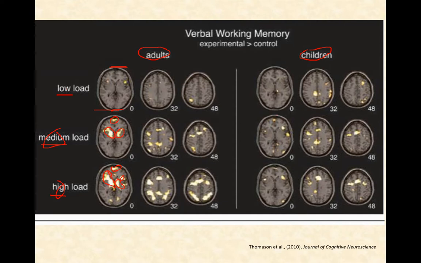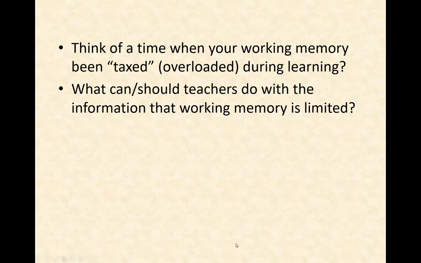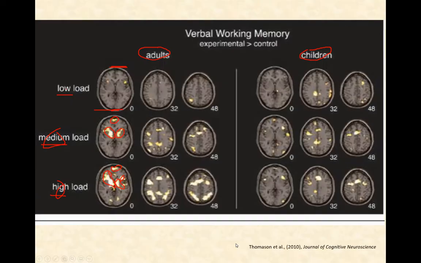The interesting thing, though, is that in kids, they don't see this ramping up of activity. I'll have to check on the age of these kids, but I think they were around 8 to 10 years old. We don't see the same thing happening as in adults.